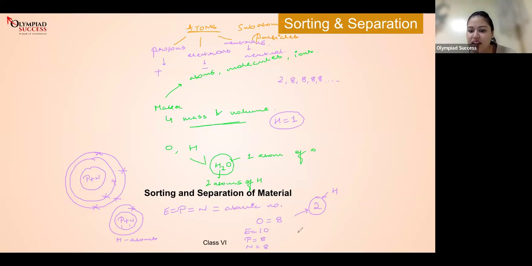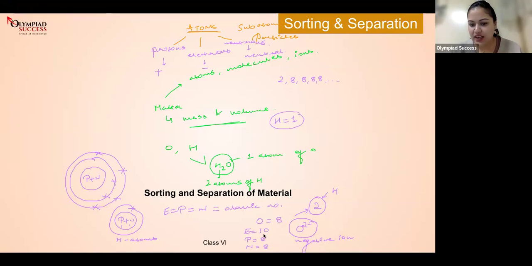If it has 2 extra electrons, can I write it like this? Oxygen has 2 extra electron charge, or negative charge. Hence, this is known as a negative ion. Any doubt here, anyone?